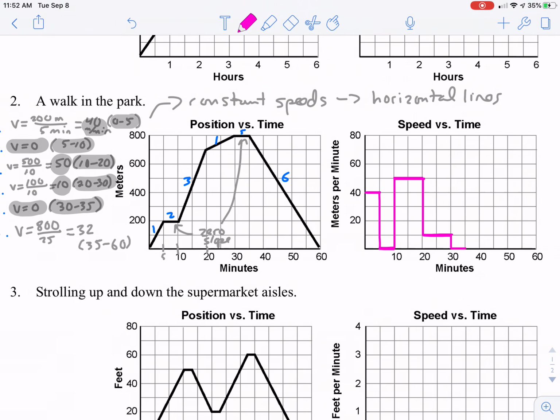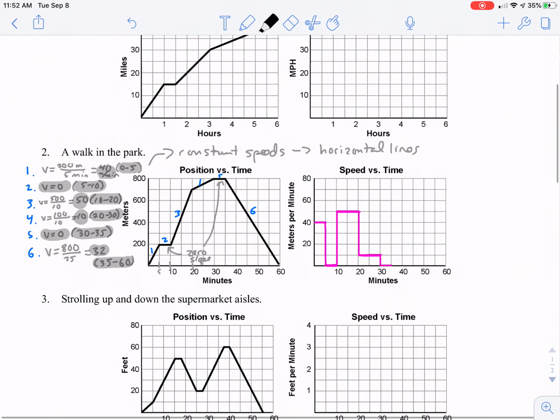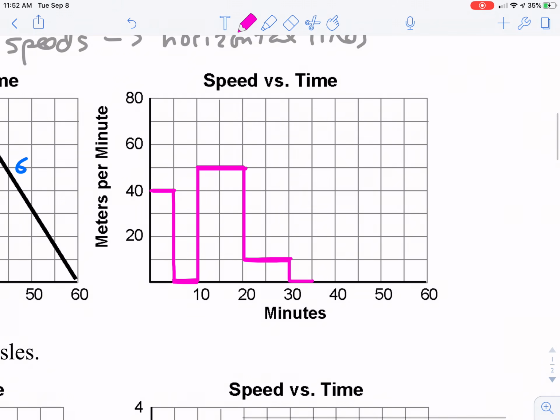Okay, and then lastly, we're plotting 32 meters per minute from 35 to the remaining 60 minutes. Now you're going to have to estimate this one. 30 is about here. 35 would be here. So I'm guessing 32 would be somewhere in the middle. So, somewhere around there. And it's going to go the remainder of the time all the way back to the end.